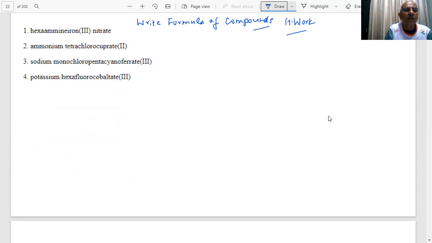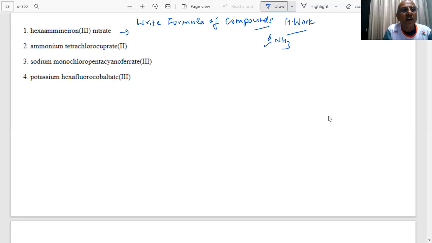So we can try to write the formulas using the rules which we have told you. Hexaamineiron(III) nitrate. If I have taken this one, for example, what is amine? NH3. How many are there? 6. Iron 3 means that it is a complex cation. Nitrate is an anion. And what is the oxidation state? 3, student.